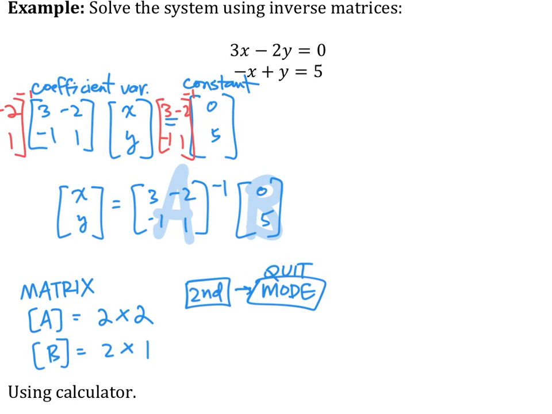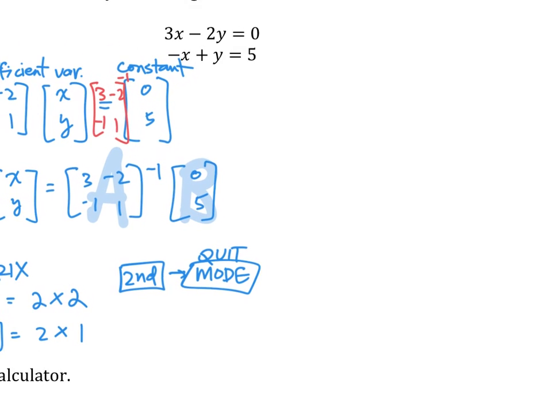All right. Now you're going to ask the calculator to calculate this matrix with the inverse for you. So go to the matrix again, and this time in the name part, you're going to select A. So A matrix. And then remember, the inverse button was actually at x to the negative 1.